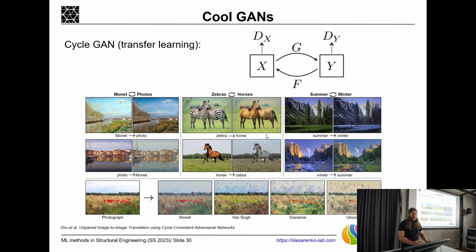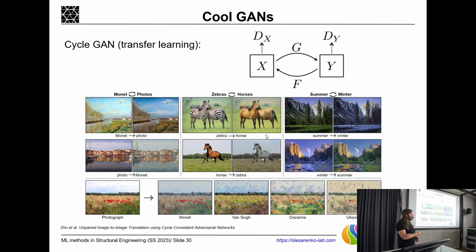So one cool thing is the so-called CycleGAN. This is very special. You might remember transfer learning. It doesn't use some arbitrary distribution, but it actually has two sets of images from two different domains, like horses and zebras, or Monet paintings and photos, or summer and winter images.